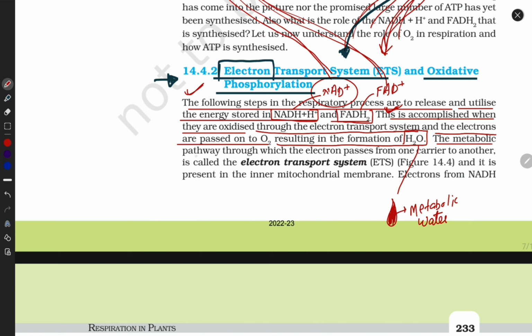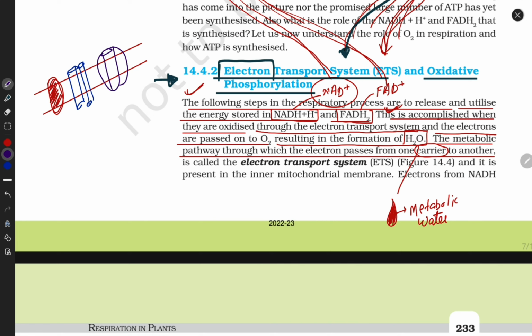The metabolic pathway through which the electron passes from one carrier to another carrier. What do you understand by carrier? We know we have the plasma membrane. Our plasma membrane contains multiple types of carriers, multiple types of channels, multiple types of pumps. We know what they do. They pass molecules from this side to this side and this side to this side.